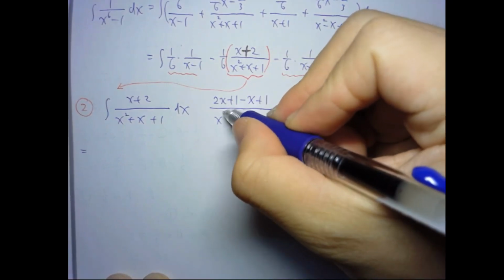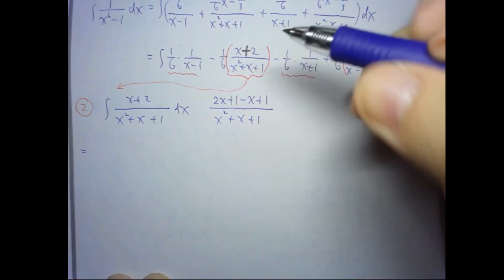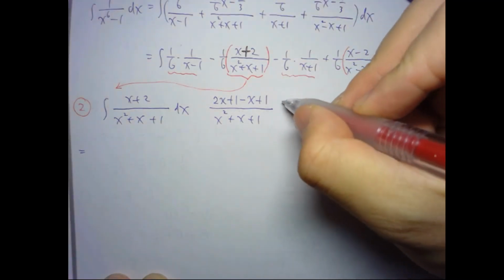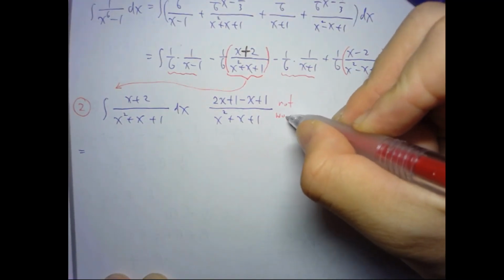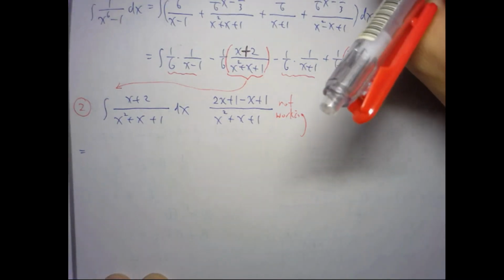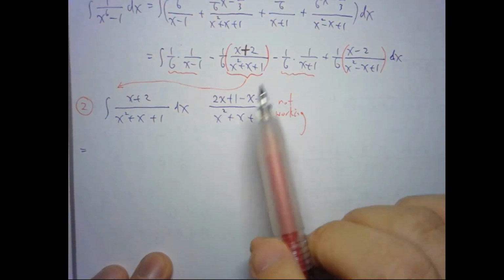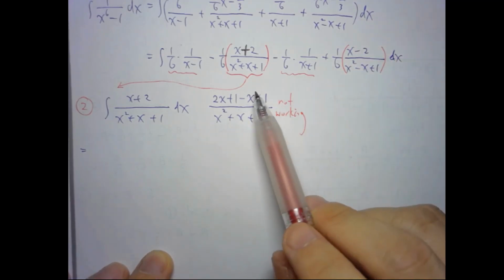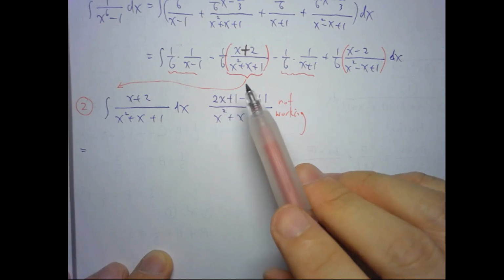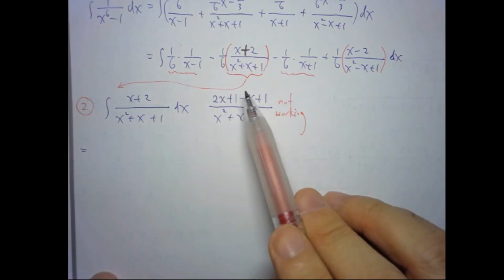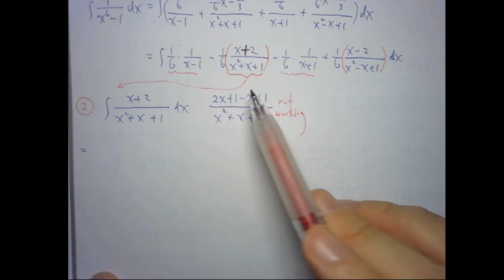But this thinking is not working. I got it wrong in my math test, because it will generate another x term here, which is not good. Originally we have x already, so if I generate another x, it's useless.